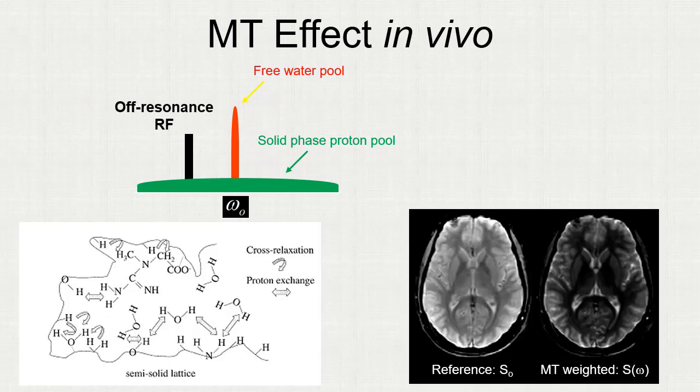When we do this in vivo, here's a so-called reference image. This is a non-magnetization transfer prepared sequence, and then we have our magnetization transfer weighted sequence here on the right. You can see that there's preferential darkening of the signal in the white matter, less so in the gray matter, and very little in the CSF.